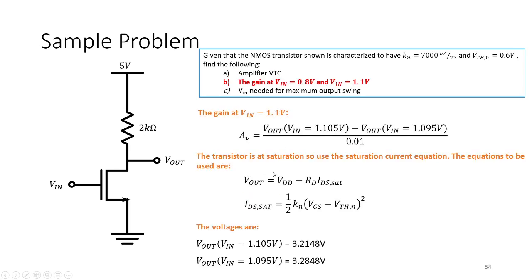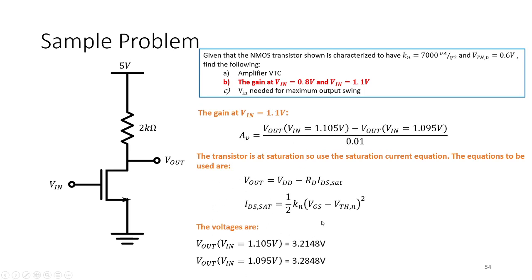Next up, if we want to bias this at 1.1, we just do everything again. So 1.1 plus 5 millivolts minus 1.1 minus 5 millivolts here over 0.01. And then we find the input at 1.105 and 1.095. So we just repeat.